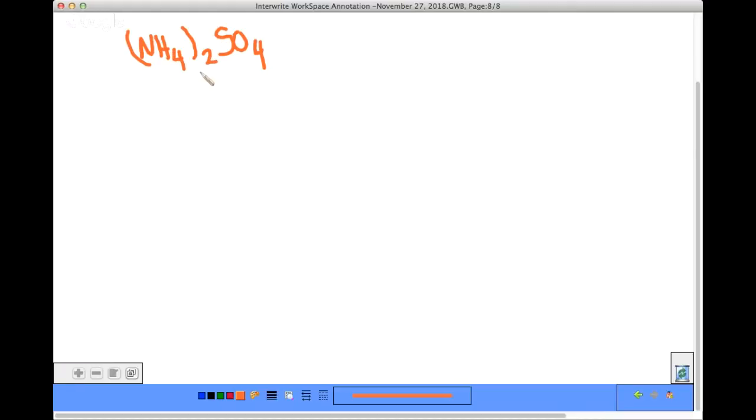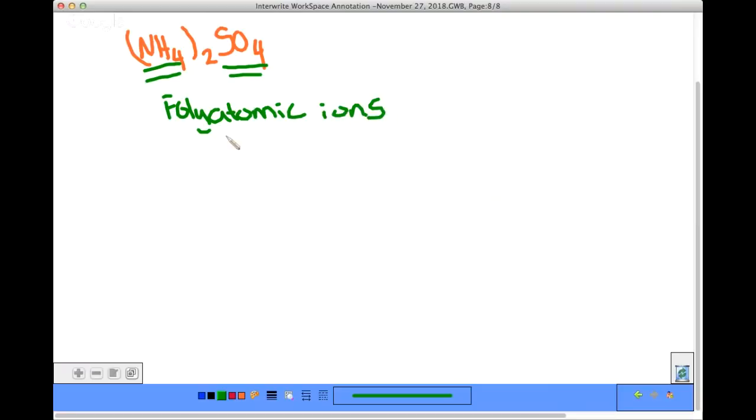So right away, you see that this is kind of a complicated naming one just because there's a lot of different compounds. But what you want to think about is that you should recognize these both as being polyatomic ions. And because they're polyatomic ions, that automatically tells you that this is an ionic compound.